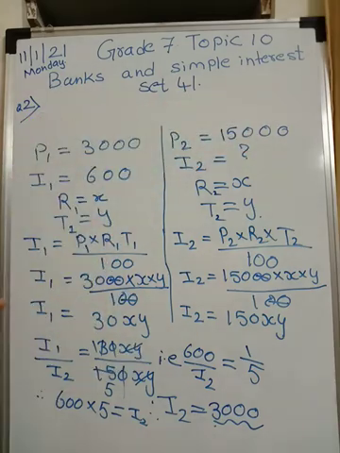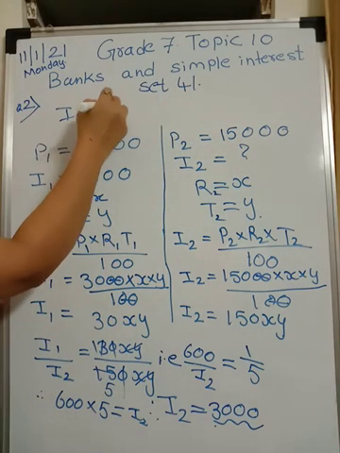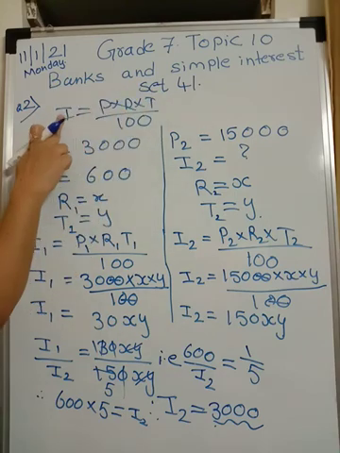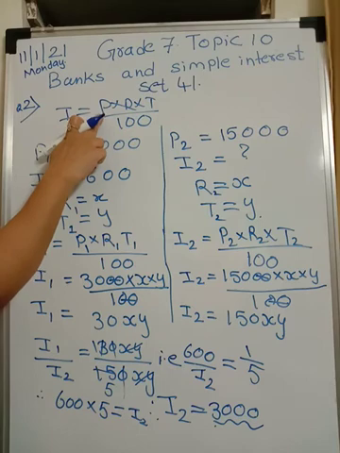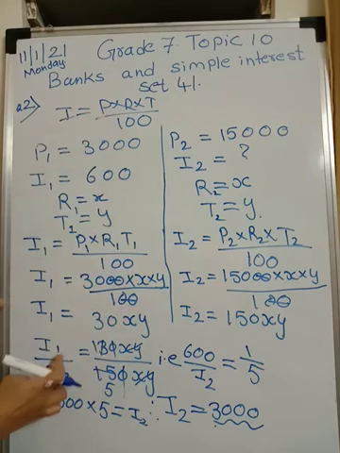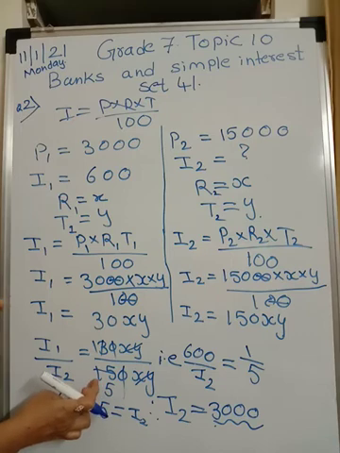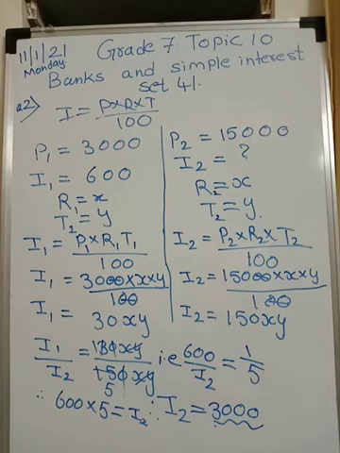We have interest is equal to P into R into T upon 100. So can we say interest is directly proportional to P? If it is direct proportion, ratio always remains constant. That way also you can do. Is this clear? So you got I2 as 3,000 rupees. That is interest. I hope the problem is clear.